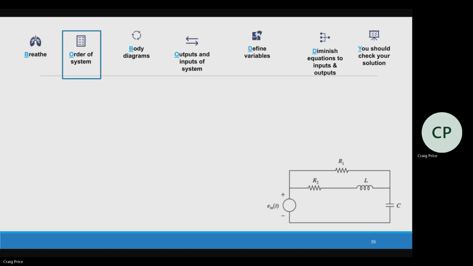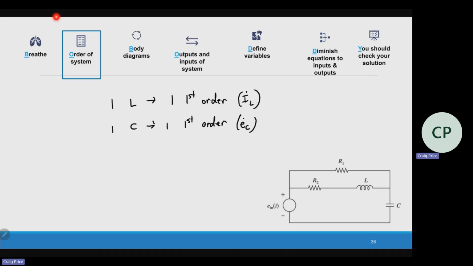Oliver, what would you say the order of the system is? Yes, I have an inductor, so that's one first order equation, with an IL dot. I have one capacitor, therefore that's another first order equation. So in total it is second order.